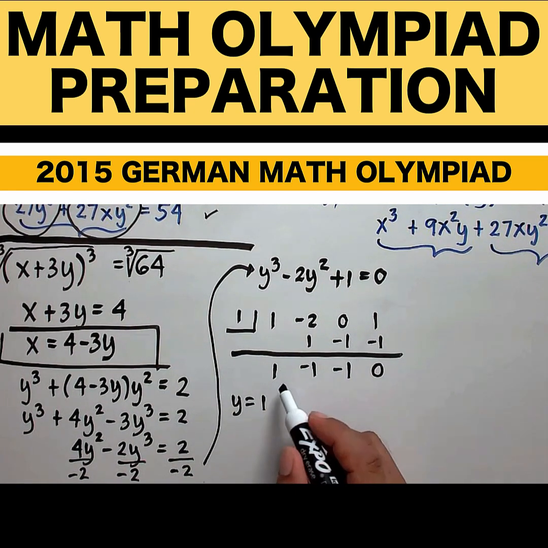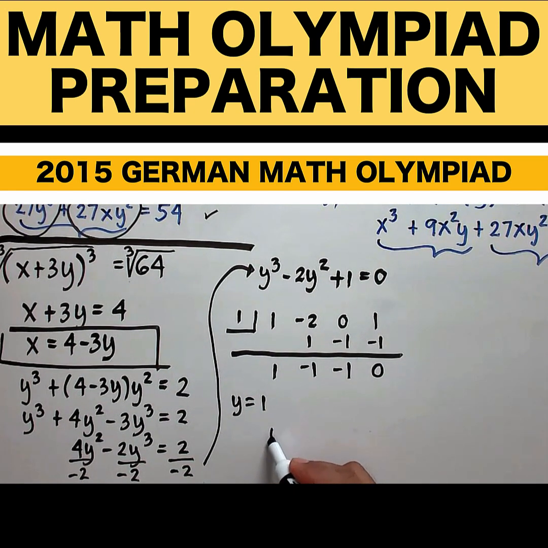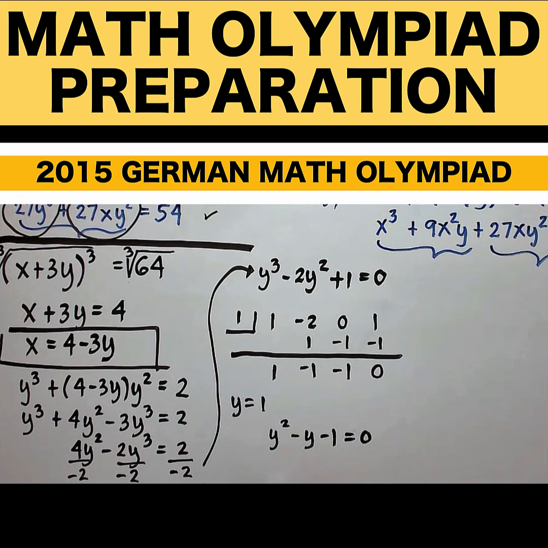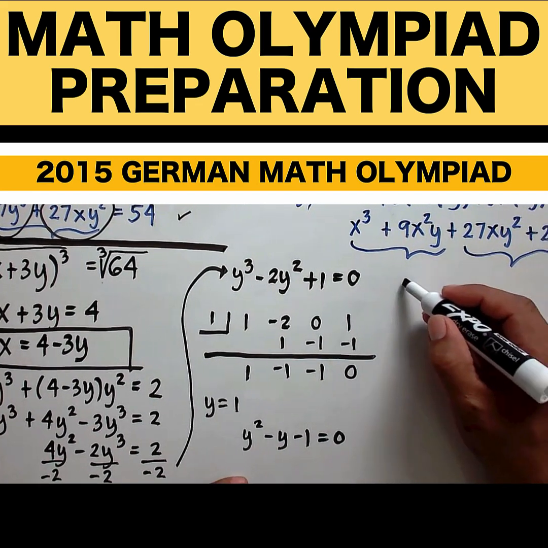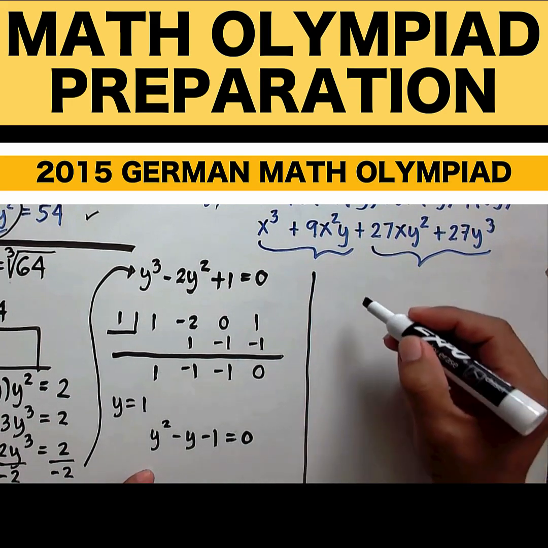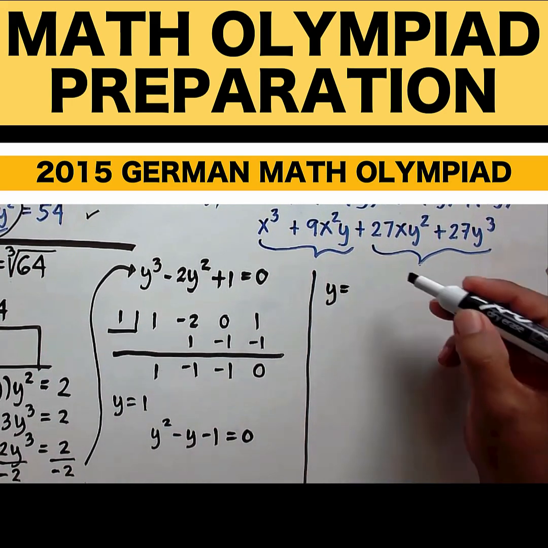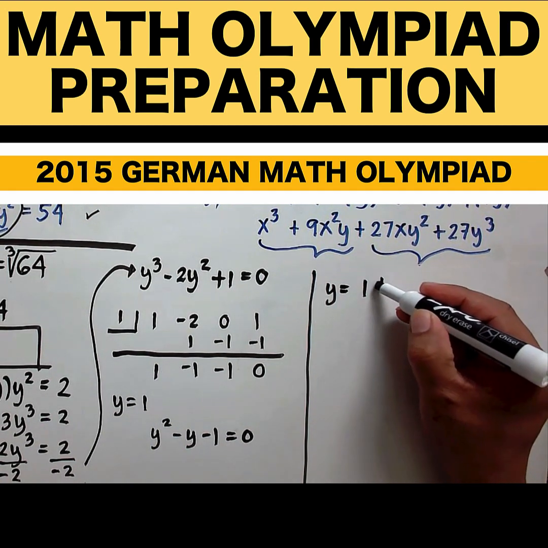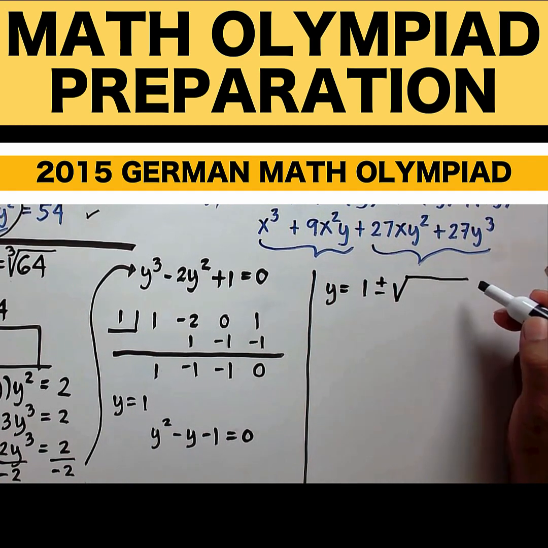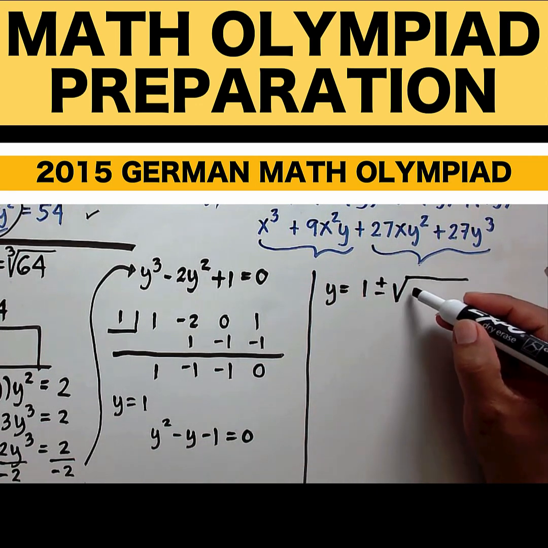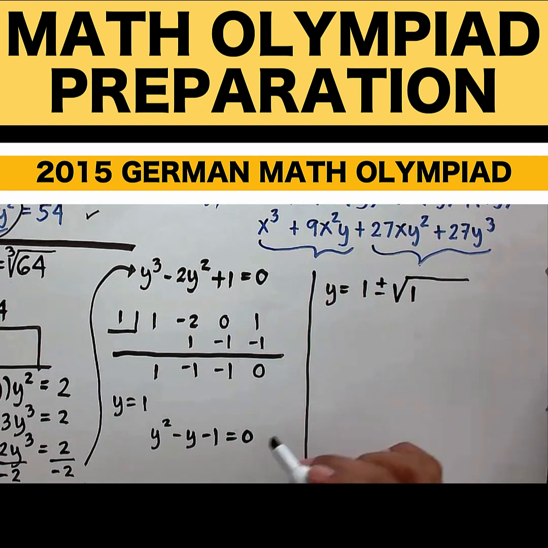This depressed polynomial is equivalent to y squared minus y minus 1 equals 0, which is a familiar quadratic equation. Using the quadratic formula, we can show that the root of this is the golden ratio. So let me show you. Using the quadratic formula, y is equal to negative b, where our b is negative 1, so that becomes positive 1, plus or minus the square root of b squared, our b is negative 1, and squaring negative 1 is positive 1, minus 4ac.